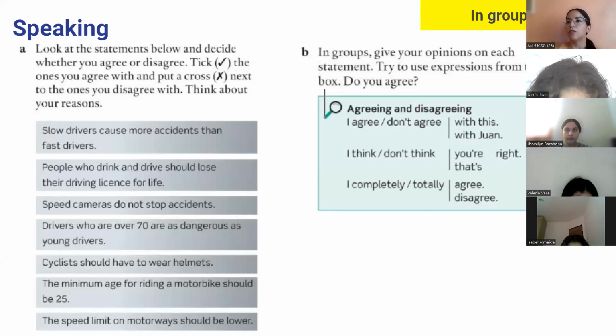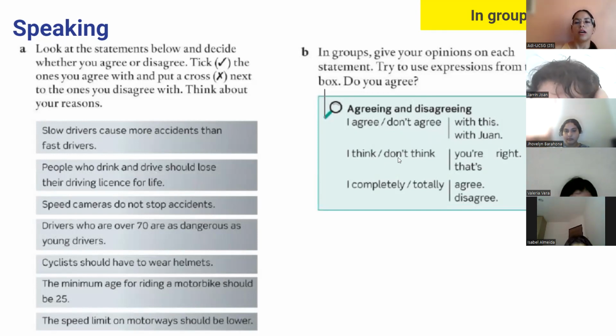And since this is going to be in groups of 3, whenever you want to give your opinion about a certain topic, try to use the following expressions. I agree, and I don't agree with this, or with Juan, with you.